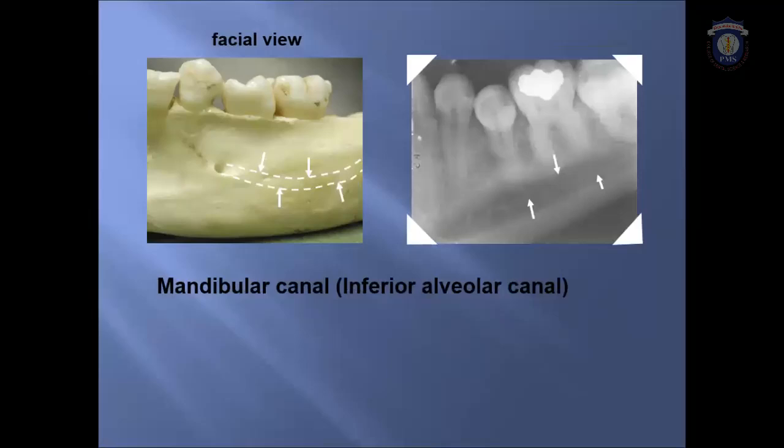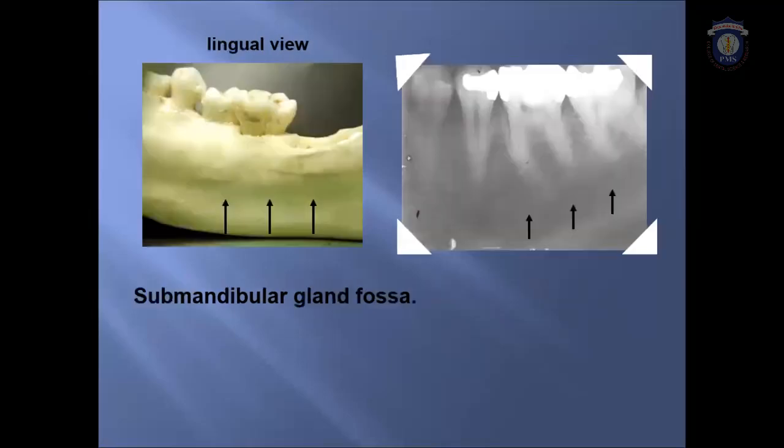In the facial view, in another radiograph you can clearly see the inferior alveolar canal. Here we can see that the radiolucent path is bordered by a thin white radiopaque rim in both the superior and inferior aspects. In the lingual region of the mandible, again there is a depressed region where the submandibular gland rests.